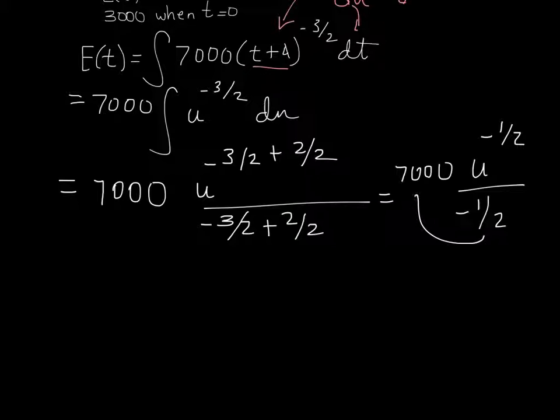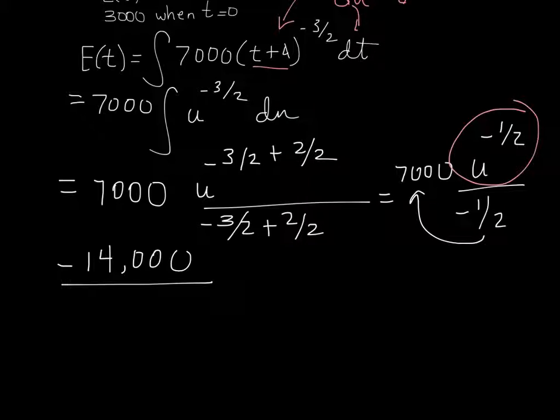I multiply this, which ends up being 7,000 times negative 2, so I get negative 14,000. This piece right here, if I bring it to the bottom, becomes u to the 1 half. Well, the 1 half power is the same thing as the square root. And I have to remember plus c.